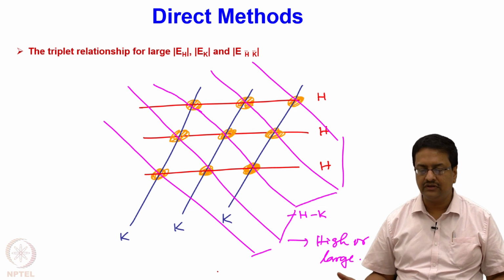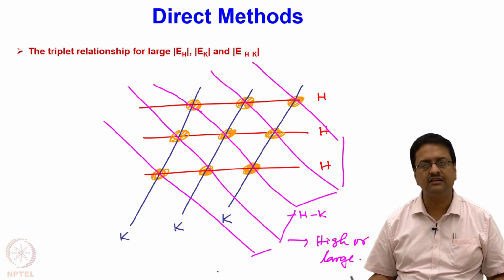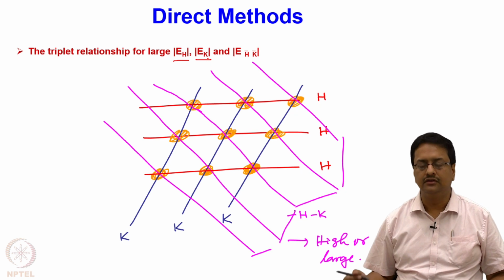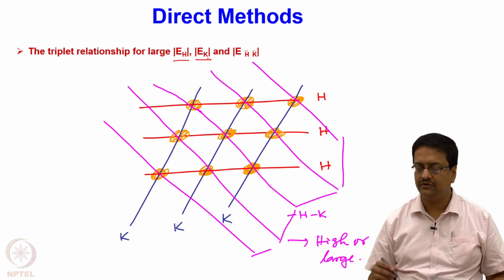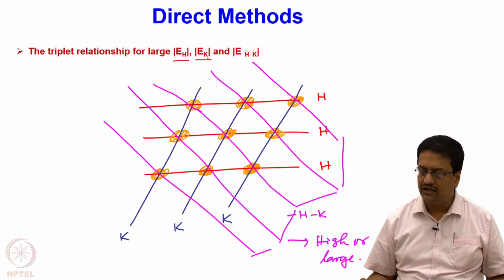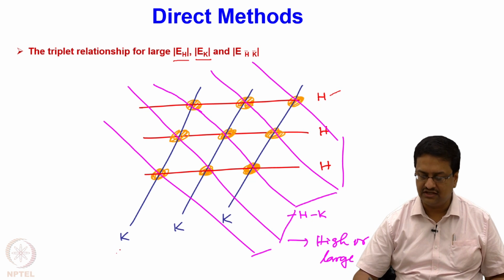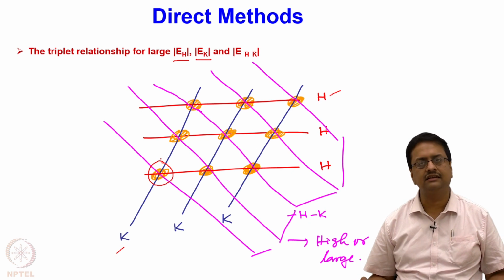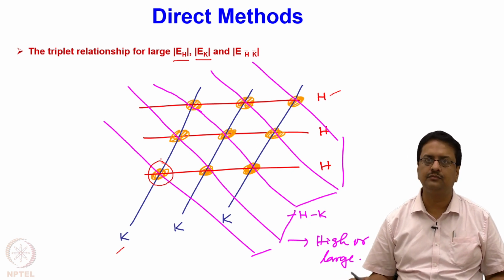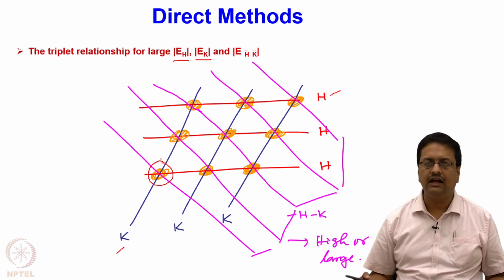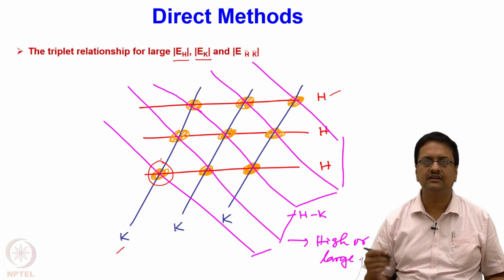Then we went on to talk about the triplet relationship, where if you know that E_H and E_K, the normalized structure factors for two different planes, are both high, we identify those planes as H and K, and they intersect at a given point. The point of intersection of these two planes, which give large values of E, would have a concentration of electron density.